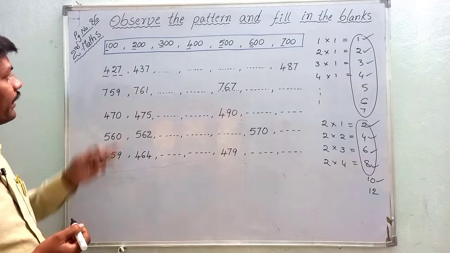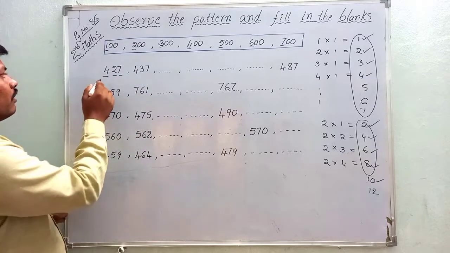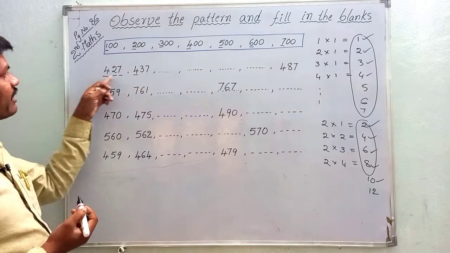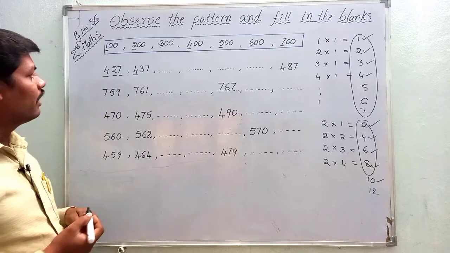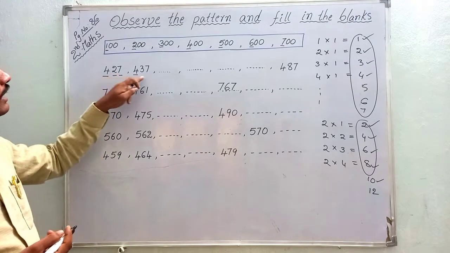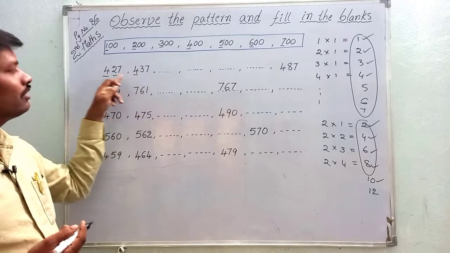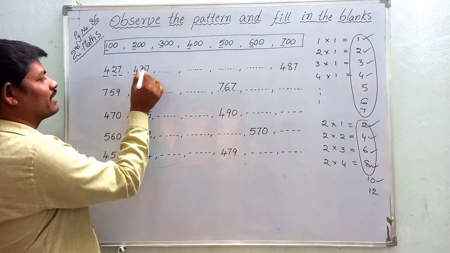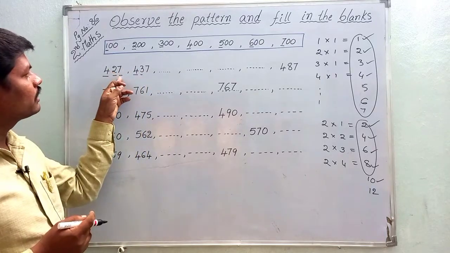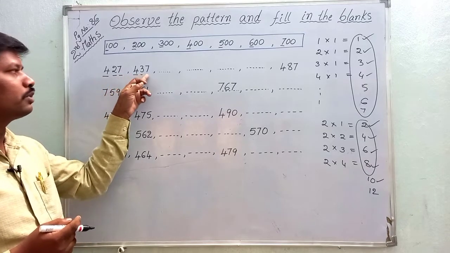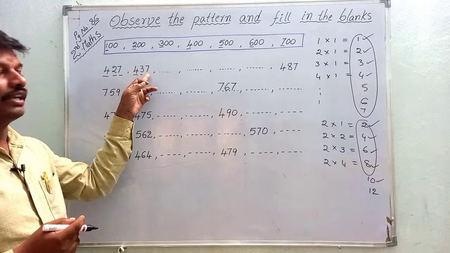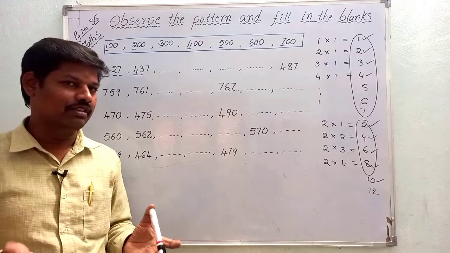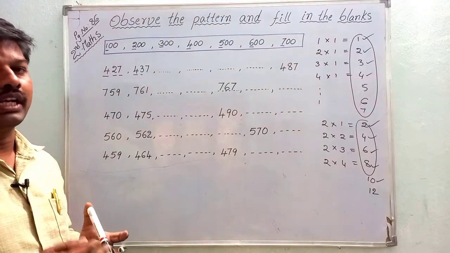In the next number, what is the digit in the hundreds place? 4, the same digit. In the tens place, 1 is increased, 2 plus 1, 3. In the ones digit, there is no change. Here 7 is there, here also 7 is there. Then which place is changing? The tens place is changing, and it is increasing by 1.